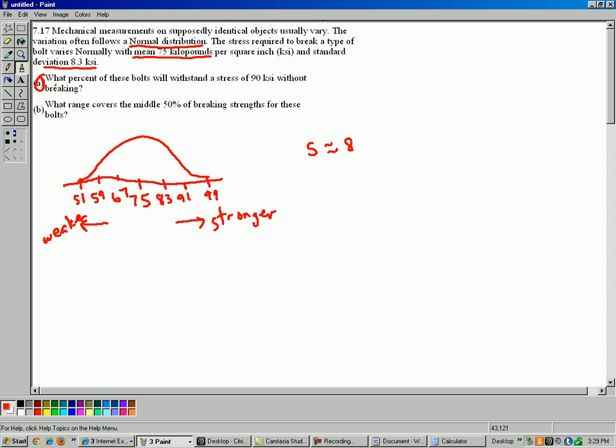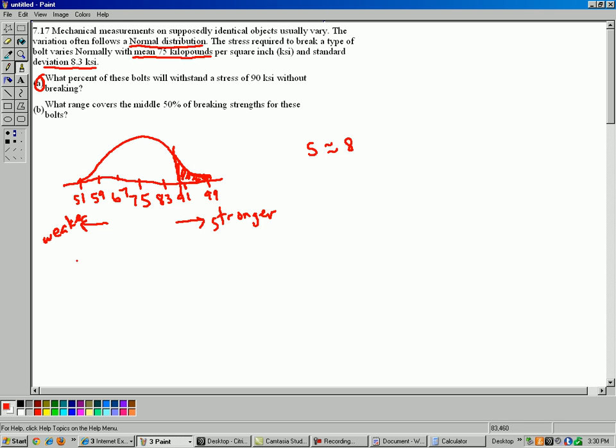So in other words, 90 or stronger. So 90 is about here. So this is the region I'm interested in, right there. So what percentage of bolts have a stress point of 90 or above?